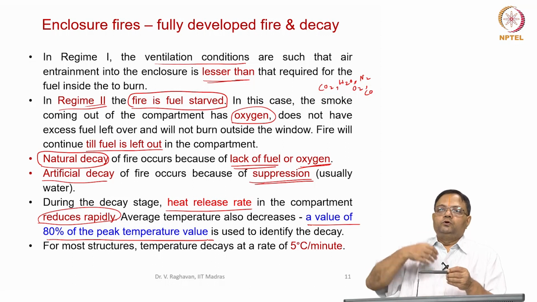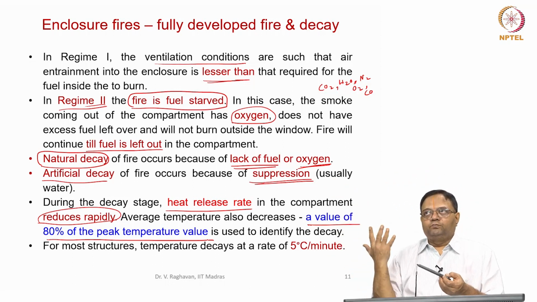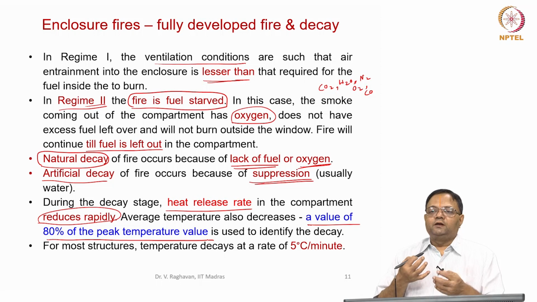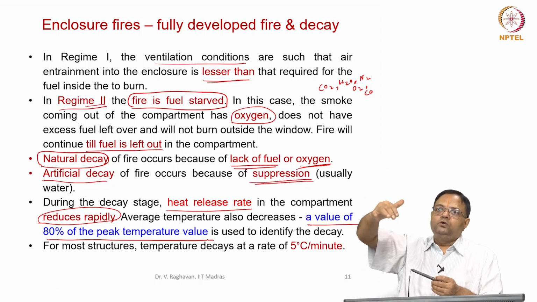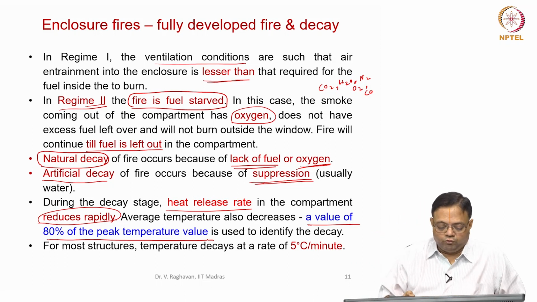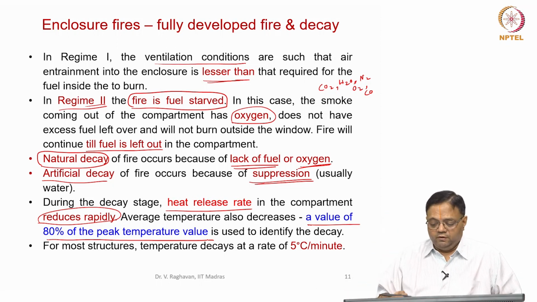So, you see that the compartment is burning, and the temperature of the smoke layers etc. will be about 800 or 900 degrees centigrade. But how will you find that the decay stage has started? When the temperature decreases from 800 to 80% of that value, we can say that the decay has started and now it will rapidly decrease.